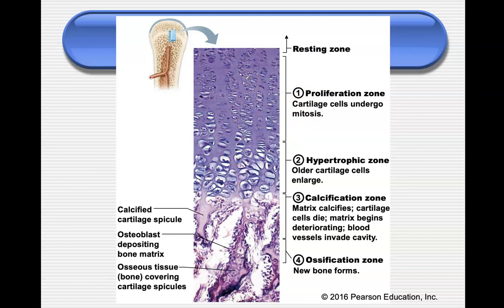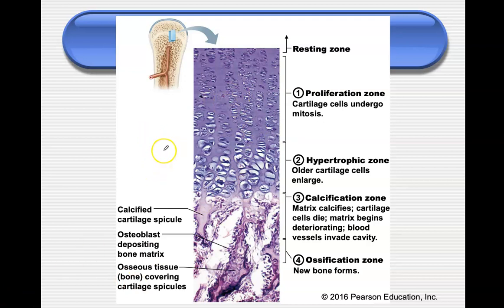So these cells divide quickly, and they're pushing the epiphyses away from the diaphysis, right, as these cells undergo mitosis and push up. Okay, and so oftentimes this proliferation zone, I feel like it looks like stacked coins when you look at it. And so that's what's happening in that proliferation zone.